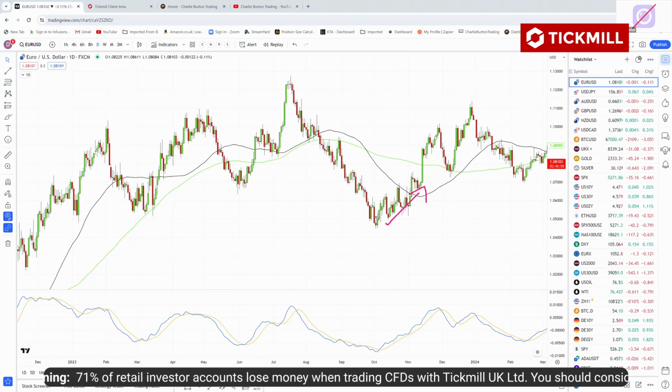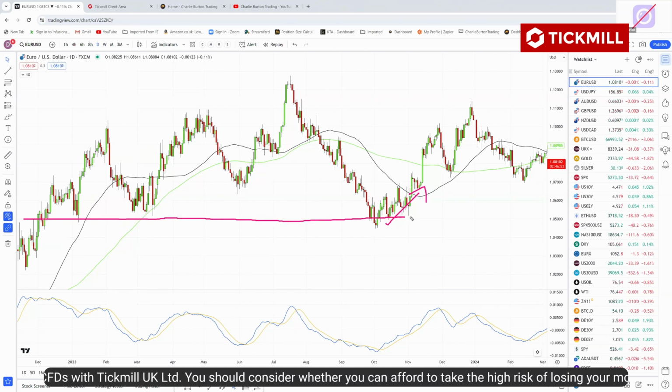So as price comes down into all these prior price levels, we've got a technical area of potential support or demand, whatever you want to call it. There's no divergence down here on the daily charts.